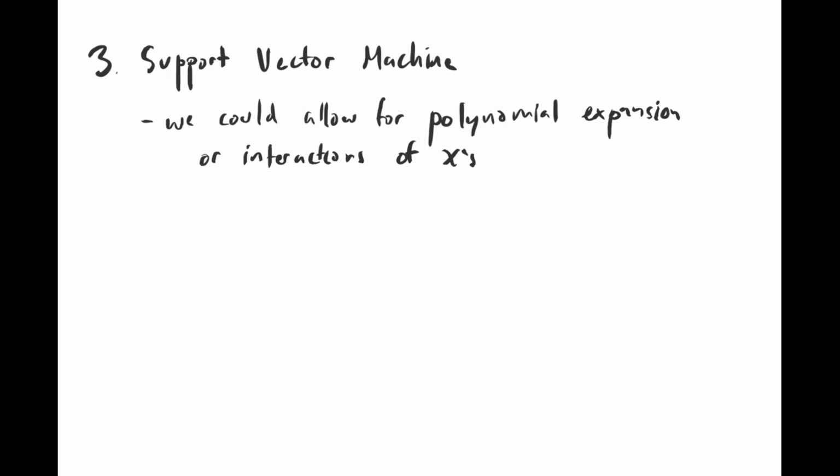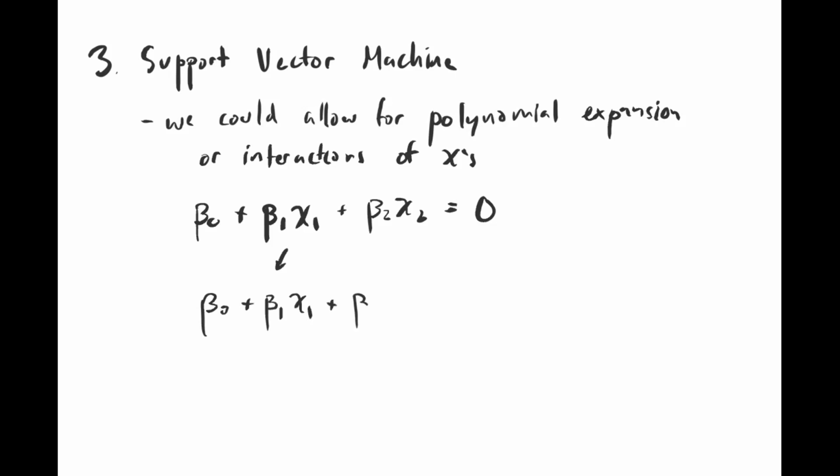So when I was drawing this thing that describes my hyperplane, I could make it nonlinear by having additional terms. I could do beta 3 x1 squared plus beta 4 x1 cubed.